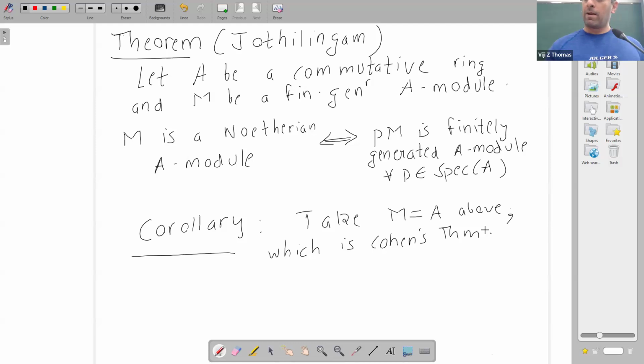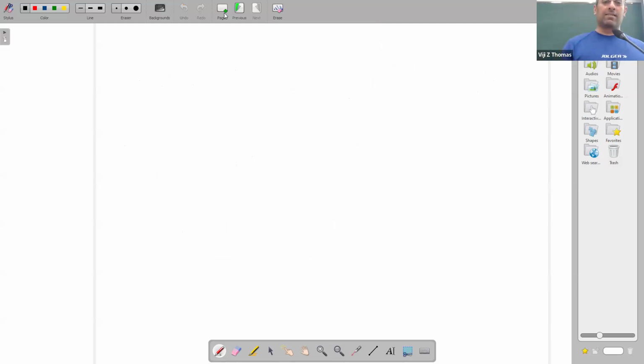Now let me see how to add a page. Since the proof is long, let me write at least the strategy. Let's divide it into, say, three pieces. Step one.